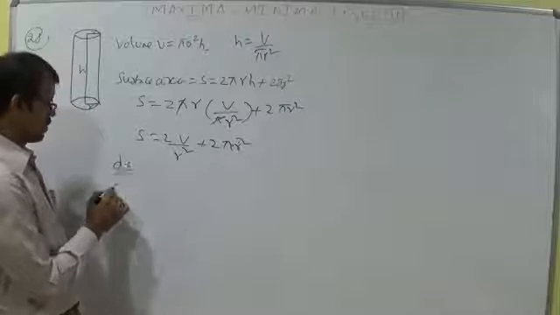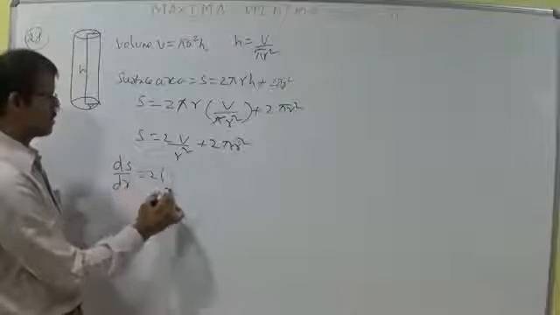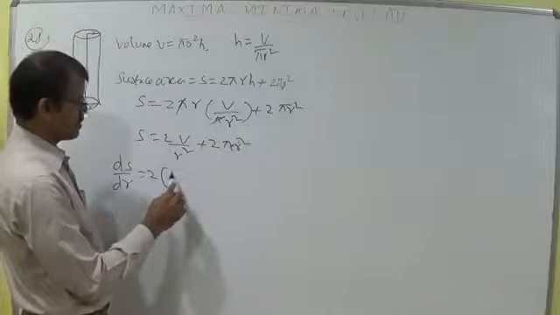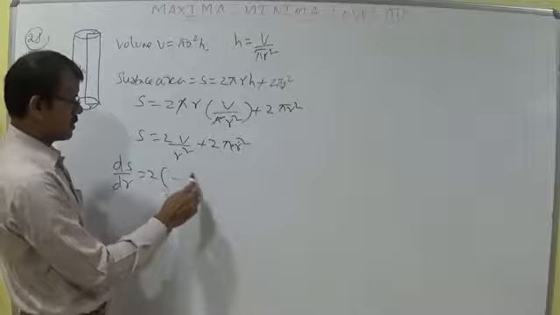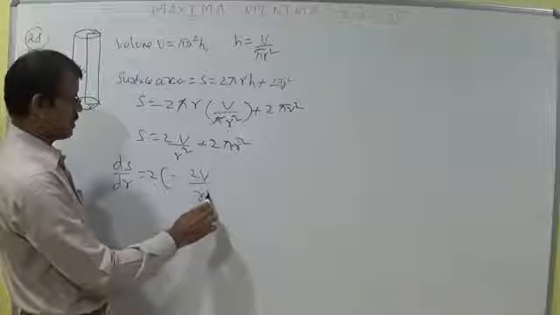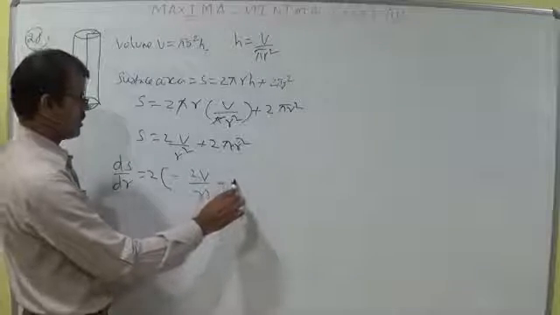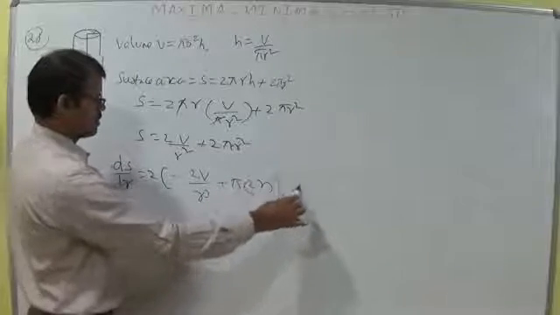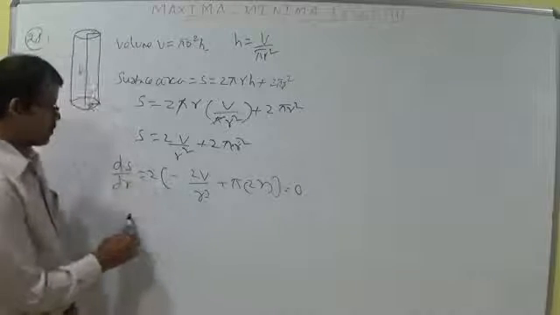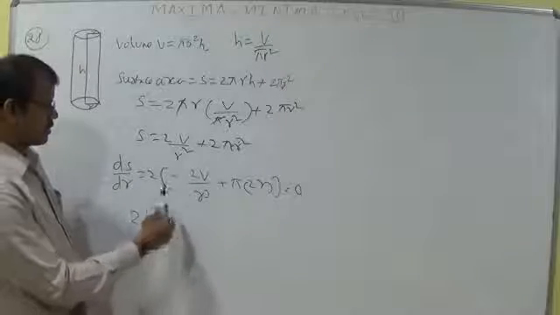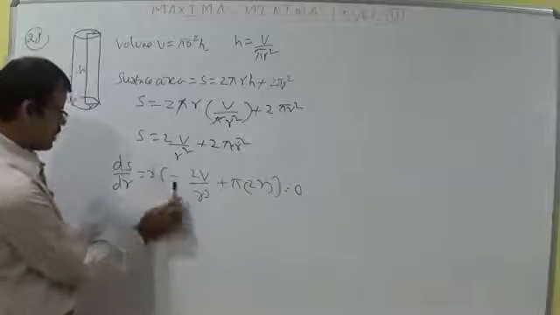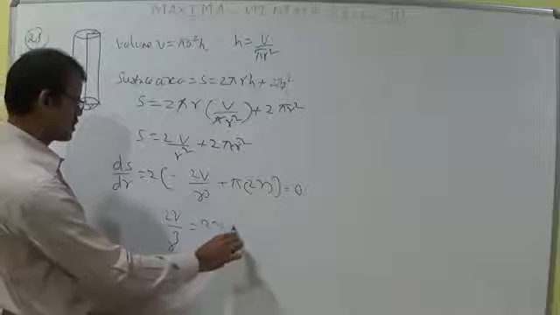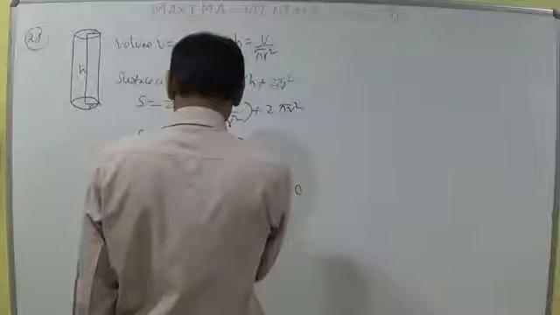dS by dr I am writing. Derivative of 1 by r square is minus 2 by r cube, so minus 2V by r cube, plus 2 taken common, pi into 2r, is equal to 0. So 2V by r cube is equal to 2r pi. 2 and 2 get cancelled.